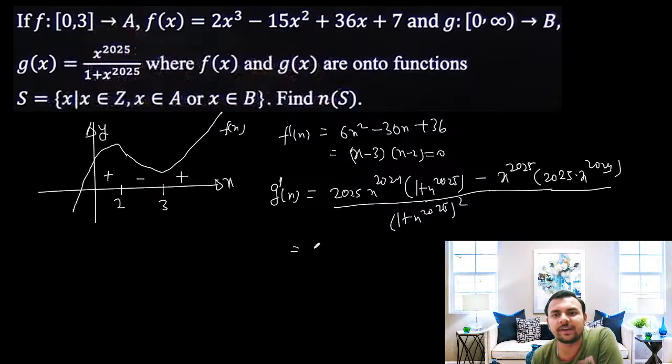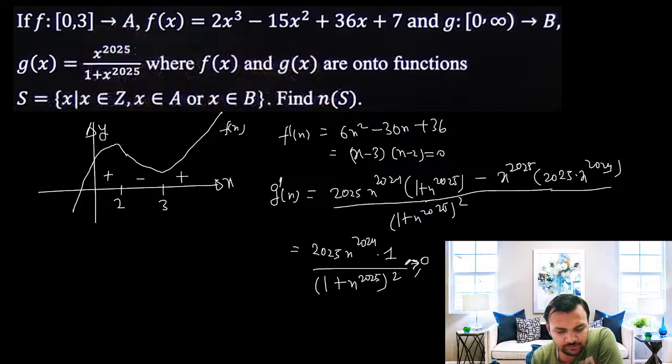So you will simply find that 2025 x^2024 will come in common, and we'll have 1 upon (1 plus x^2025) whole square. This is bigger than or equal to 0, which means it is increasing only.